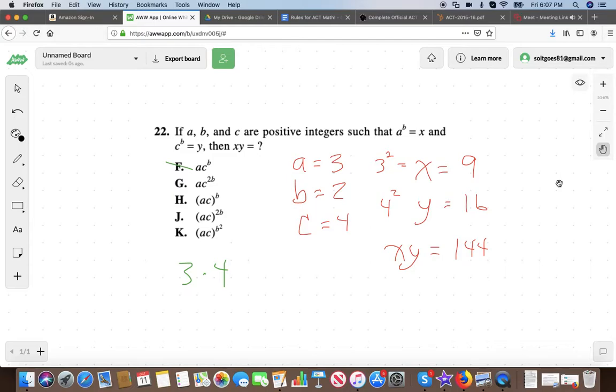3 times c raised to the b. Well, here you got to do order of operations, right? We got to multiply.